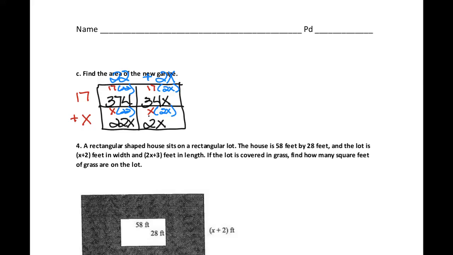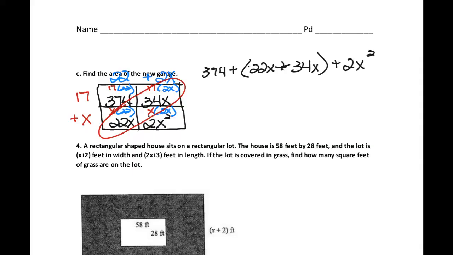X squared. Here are your like terms. So when I combine them, I get 374 plus parentheses 22x plus 34x, because those are my like terms, I can combine those, plus 2x squared. And you're like, why is this backward? Well, it just is, but we'll fix that in a minute.